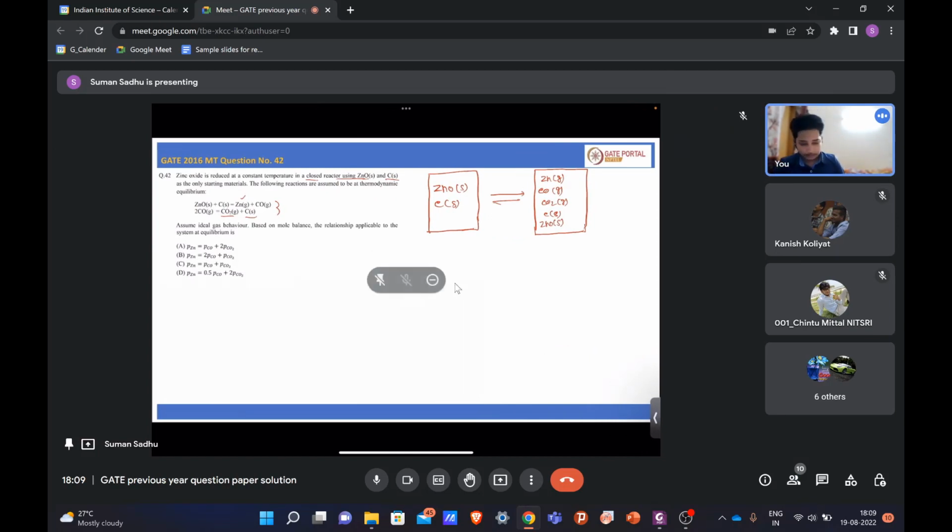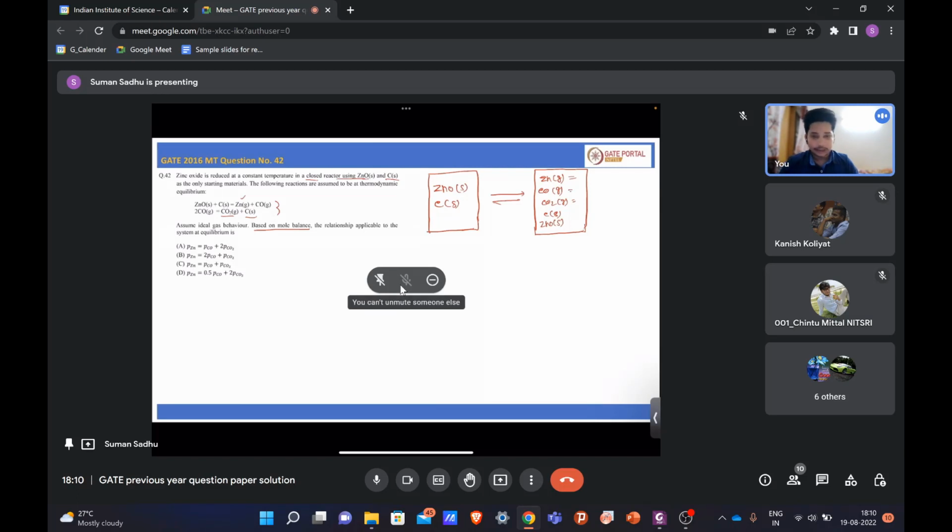Basically we have to do a mole balance here, and it is also mentioned in the question itself. Based on the mole balance, we have to find out at the equilibrium the number of moles of the gaseous compounds present, because in this closed reactor only those in the gaseous form will exert pressure on the chamber.